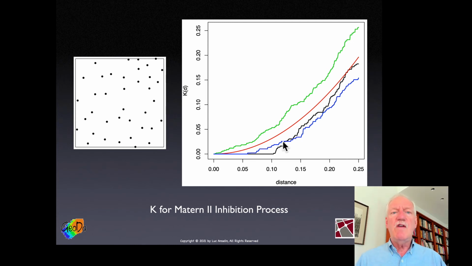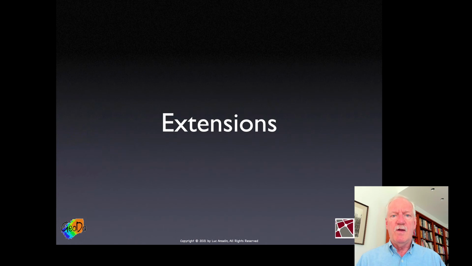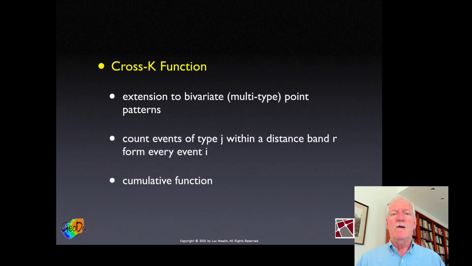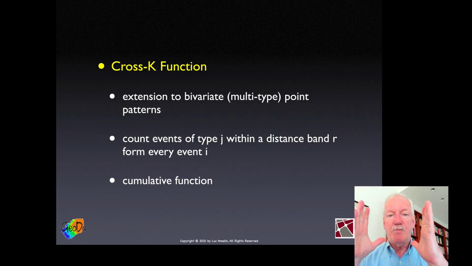Now, there have been many extensions and refinements of the K function. I'll just go over a few very quickly. We won't actually be using this in the lab, but you should be familiar with it in case you run into it in the literature. So far we've focused on one point pattern, but we've seen before that there are multi-type point patterns, like the tree example, the Lansing Woods, where we had the different tree types in the same unit square.